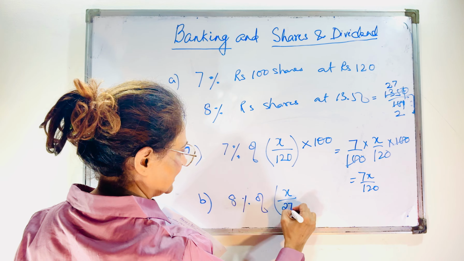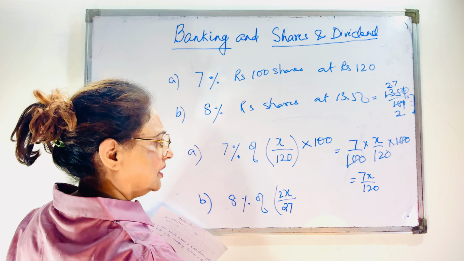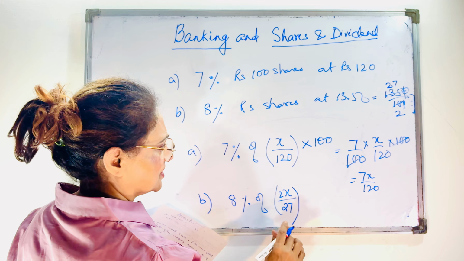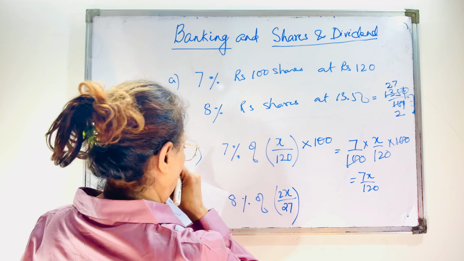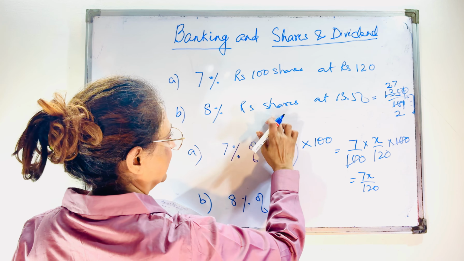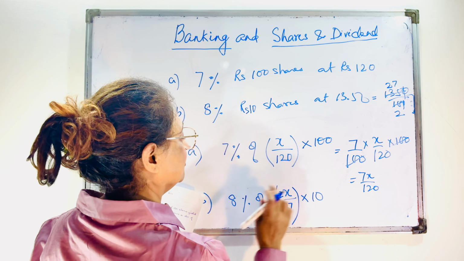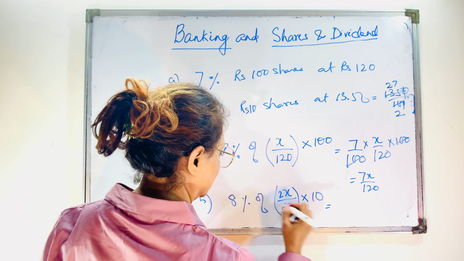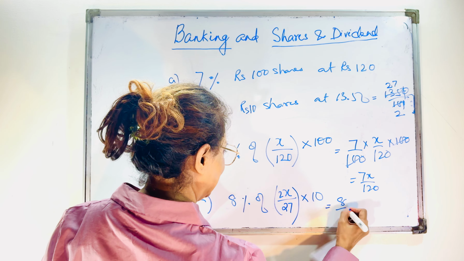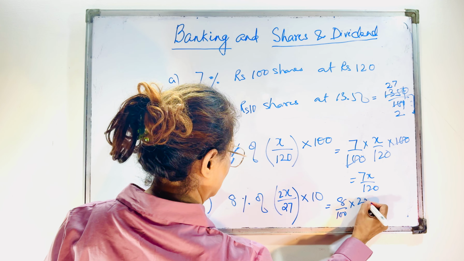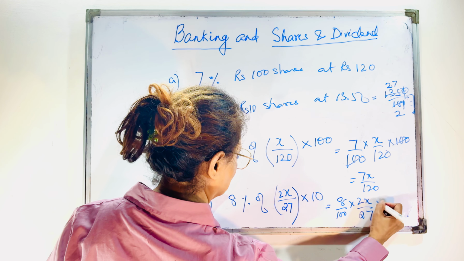So this is 27 by 2. Convert decimals to fractions. What is the rate? Rupees 10 shares. So company is saying our price was 10, we'll give you dividend on this much only. So 8% of 2x by 27 into 10.